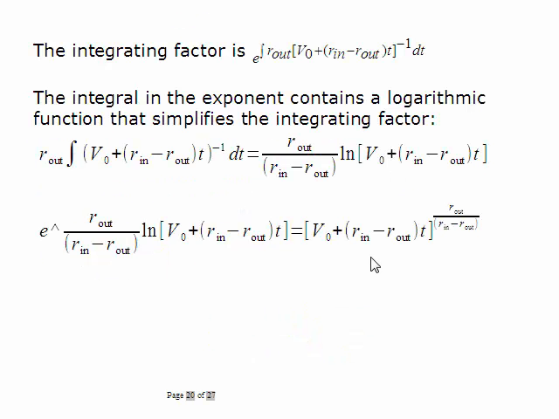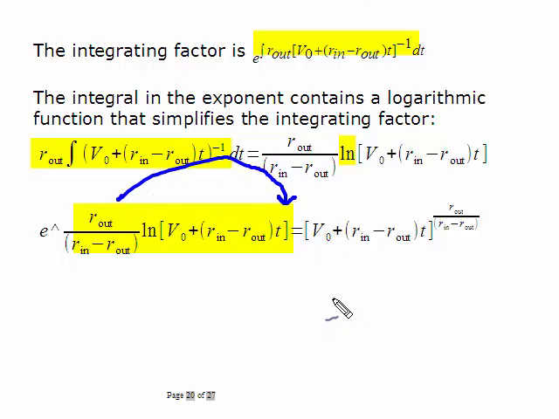Now here's the integrating factor, but I want to point out something unusual. We're used to seeing exponential integrating factors, and this one is not exponential. If I take this integral that's up here in the exponent and carry that out, I end up with a natural log. Remember that e and natural log are inverses of each other, so they cancel, because you take the coefficient and put it as an exponent using the laws of logarithms.